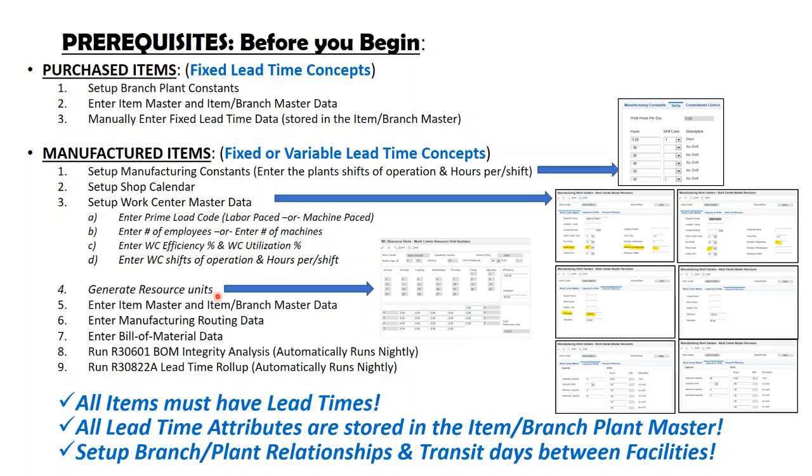Once the work center masters are in place, users must be aware of and generate resource units for each of these work centers. I like to refer to these as a work center calendar. Now, the shop, which runs 8 hours a day, has a shop calendar. But each work center with a monthly calendar can have its own work center calendar or resource units.